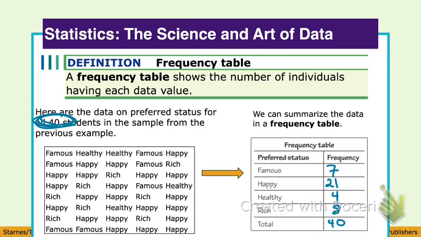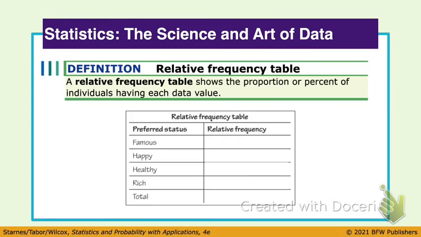That's easy. Now we're going to turn this into a relative frequency table. What does relative frequency sound like to you? How often does it happen relative or compared to everything else? So it's basically how often does it happen compared to the total. In order to figure that out, we're going to turn these numbers into percentages or proportions.